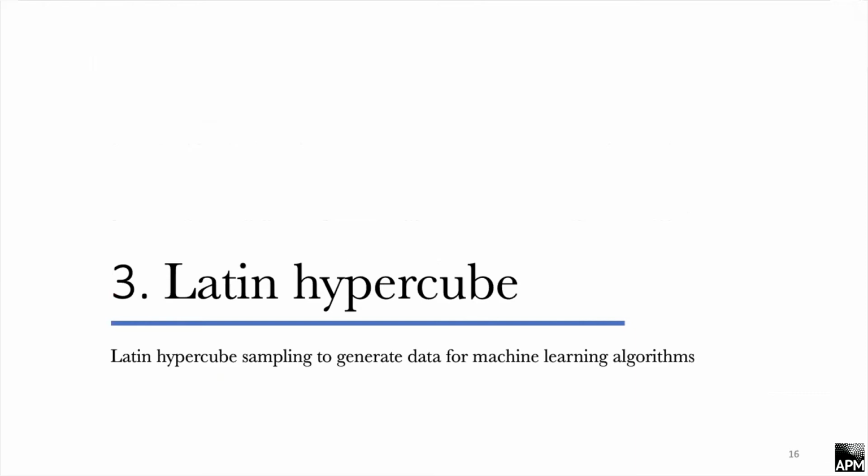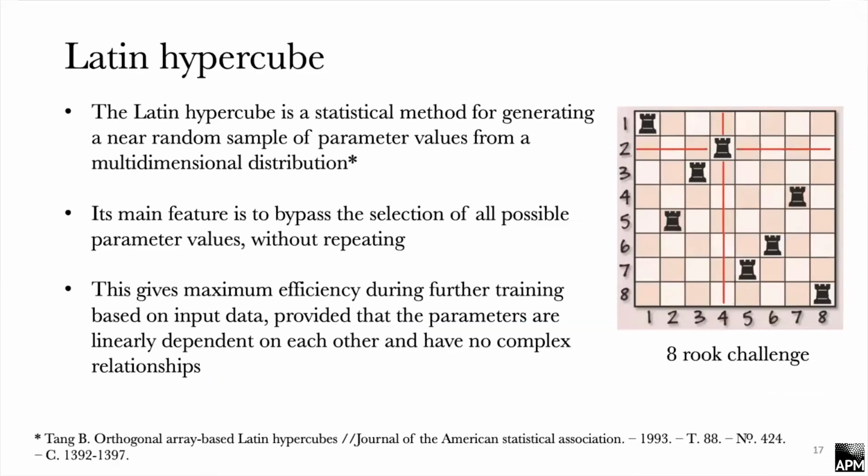So to solve the first problem, we suggest using Latin hypercube. This is a statistical method for generating a near-random sample of parameter values from a multidimensional distribution, and it helps us to bypass the selection of all possible parameter values without repeating. You can see an example of how it looks on the right picture.